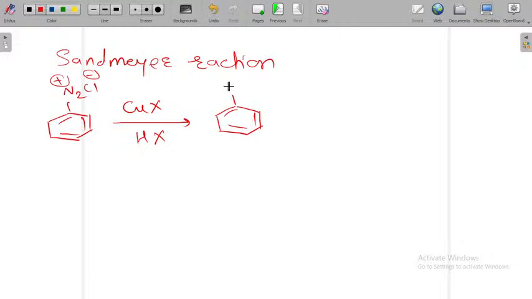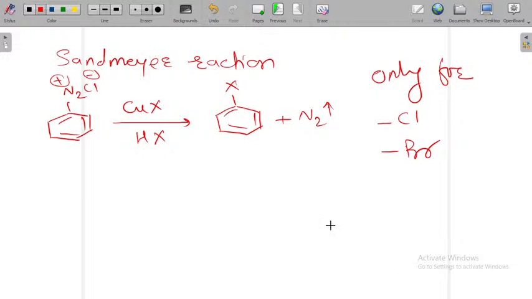What is the drawback of this reaction? It can be explained only for chlorobenzene and bromobenzene. Additionally, you can prepare cyanobenzene from this reaction. That reaction is called the Sandmeyer reaction.